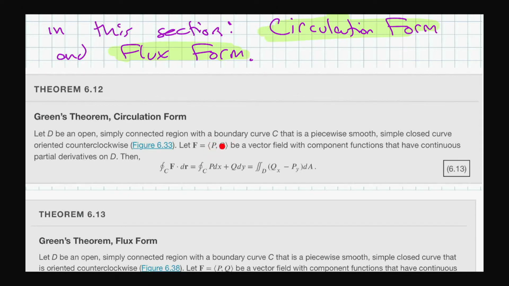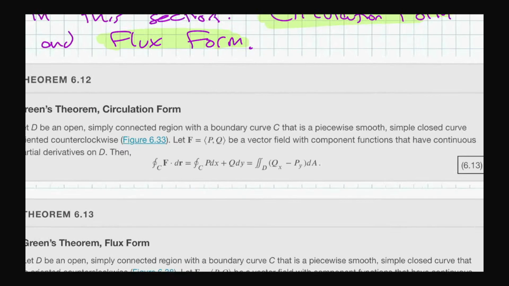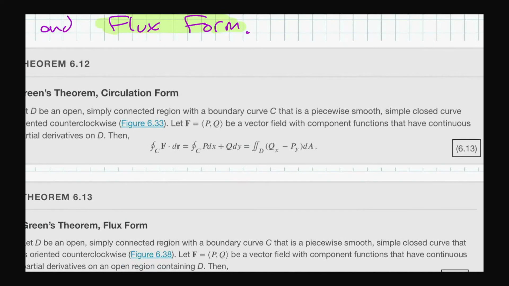P and Q are the component functions. They need to have continuous partial derivatives, because we're actually going to take the derivative of them. So that makes sense. And then here's the relationship. We've got the line integral over a closed curve, right? It says simply connected region with boundary curve C that is a piecewise smooth, simple closed curve, oriented counterclockwise.